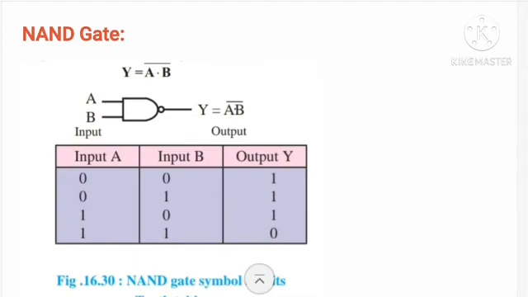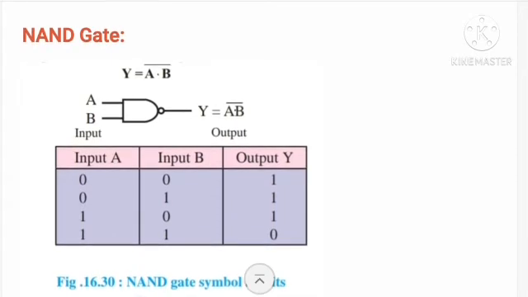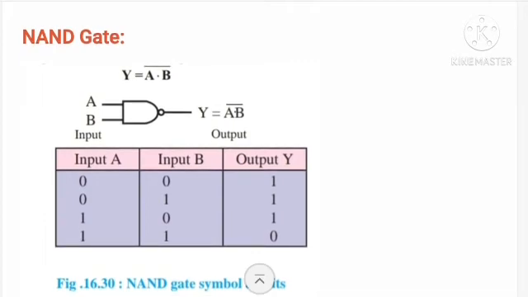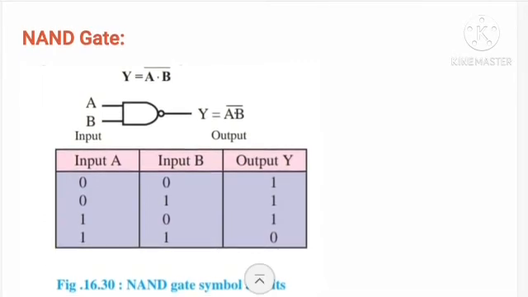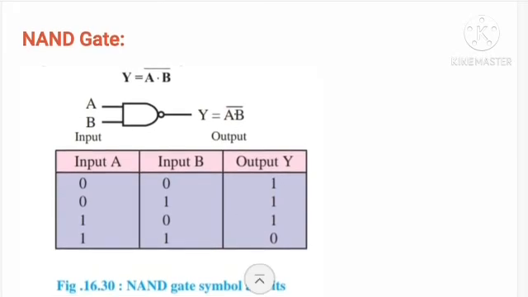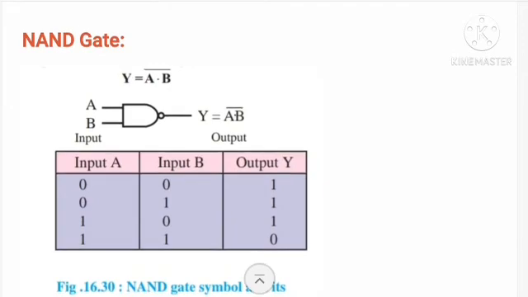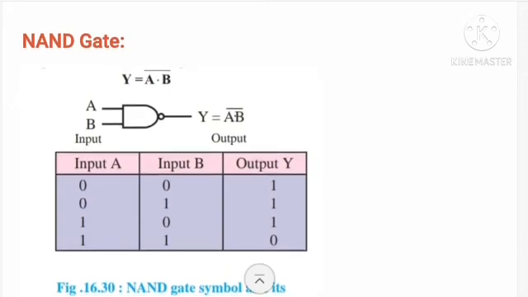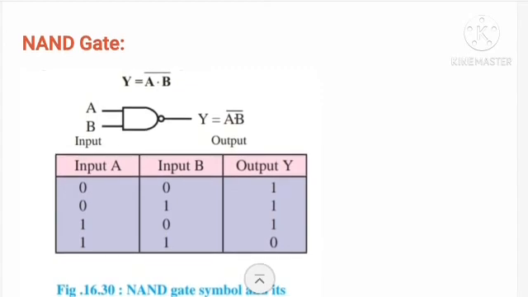Okay, as we have seen, the AND gate is the logical multiplication. So the NAND gate will be the negation of that logical multiplication. That's why its Boolean expression is (a dot b) bar. So here we can see the output of the NAND gate will be the negation of the AND gate.